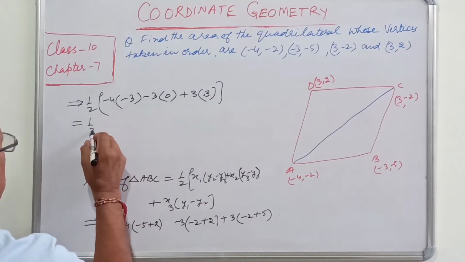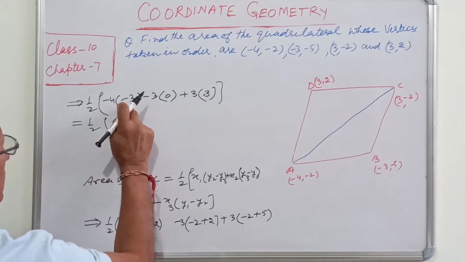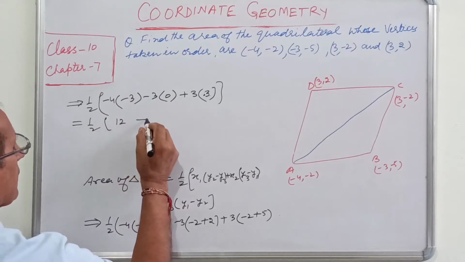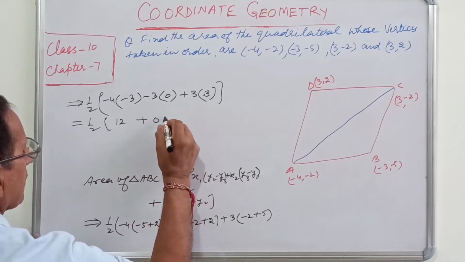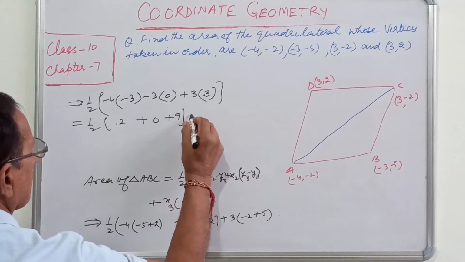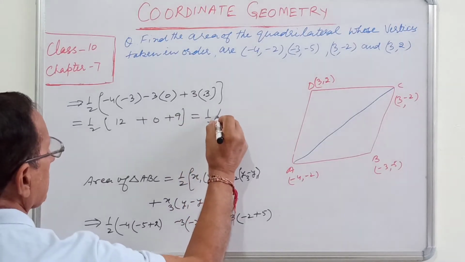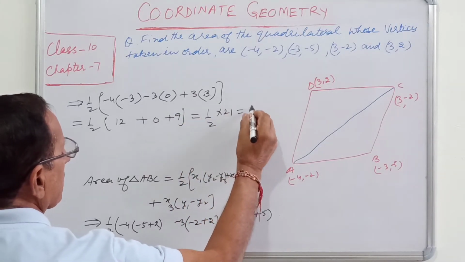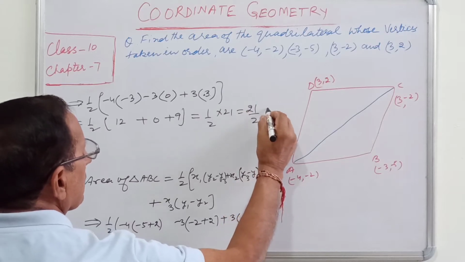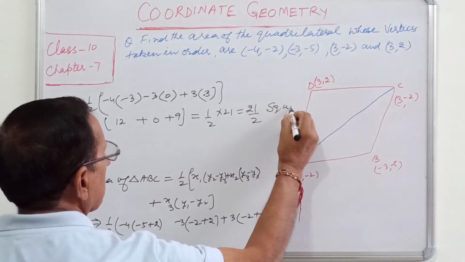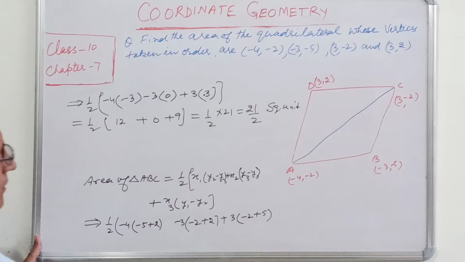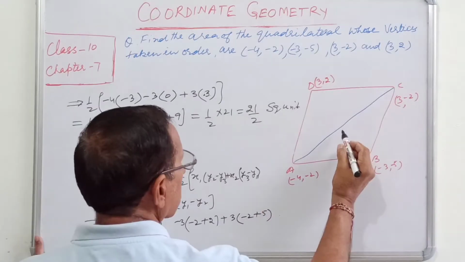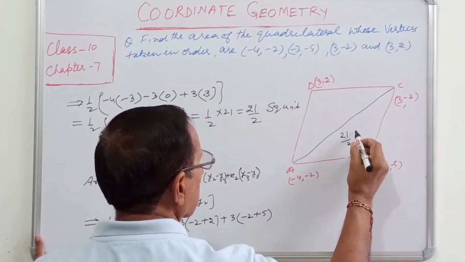So 1/2 into 12 plus 0 plus 9, that becomes 1/2 into 21, that is 21/2 square units. So the area of this triangle is 21/2 square units.